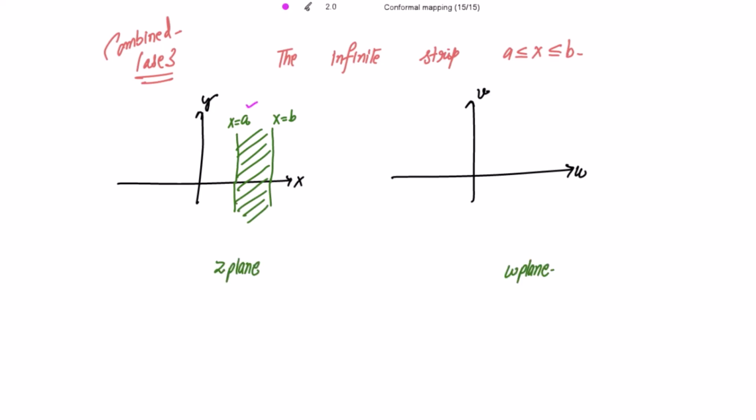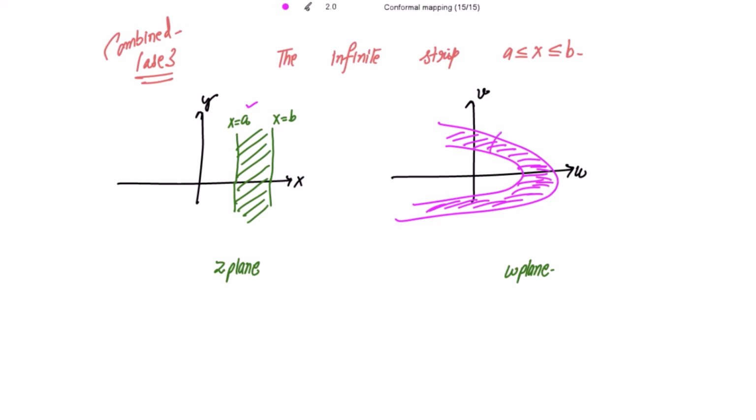For x equal to a, we have got the parabola as this. For x equal to b, we have got the parabola as this, right? So the image is the region between these two parabolas. This is the required image in the w plane.